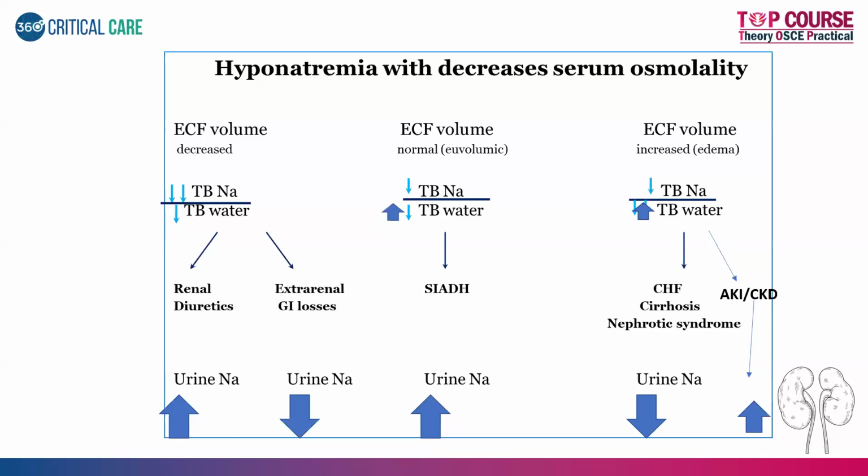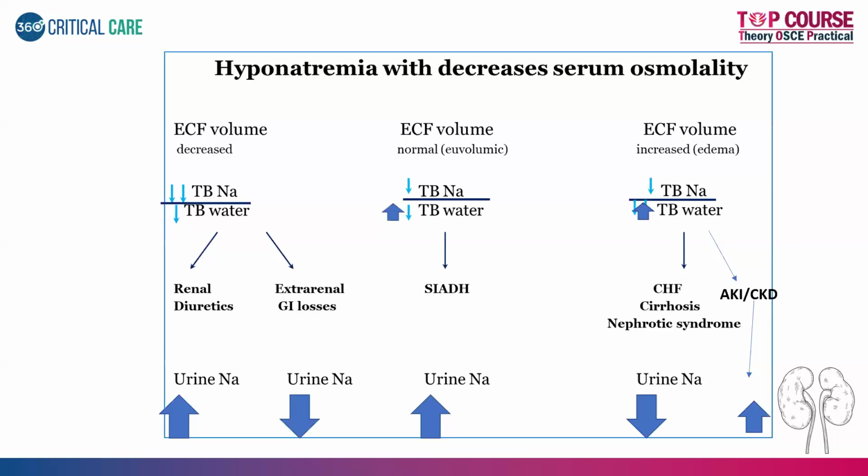Okay, usually when the urinary sodium is less than 10, it is usually due to nephrotic syndrome, cirrhosis, or acute decompensated heart failure. Or else, if the urinary sodium is more than 20, the probable reasons are acute kidney injury or chronic kidney disease.